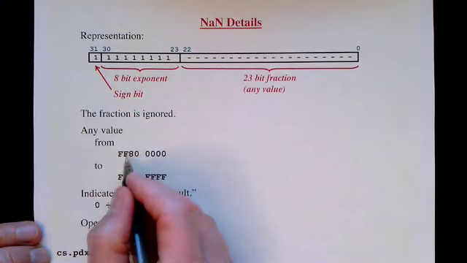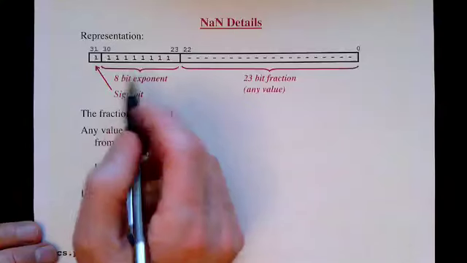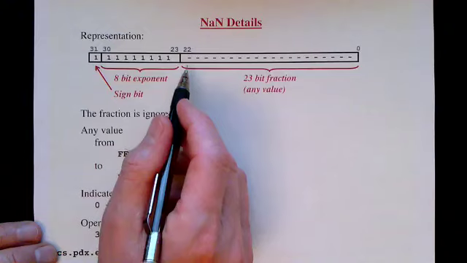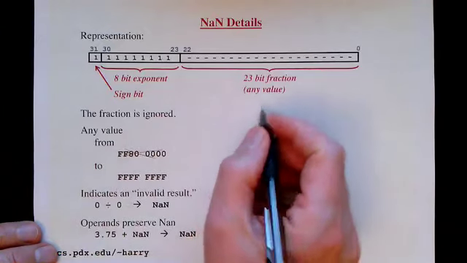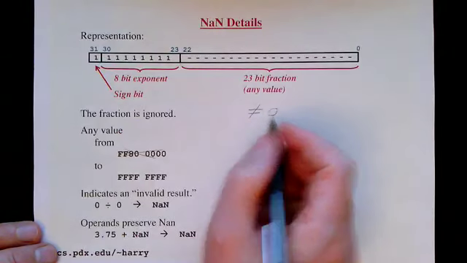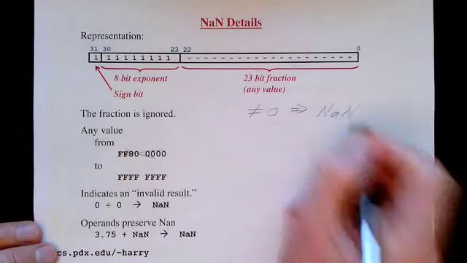So this is not quite right here. If the exponent is all ones and there's anything but zero here, so if it's not equal to all zeros, then we've got something that's not a number.